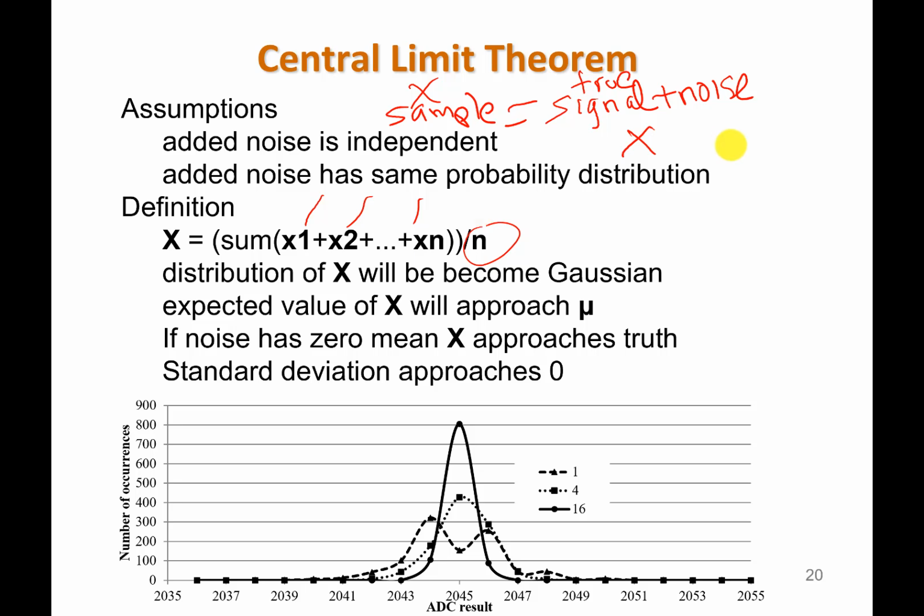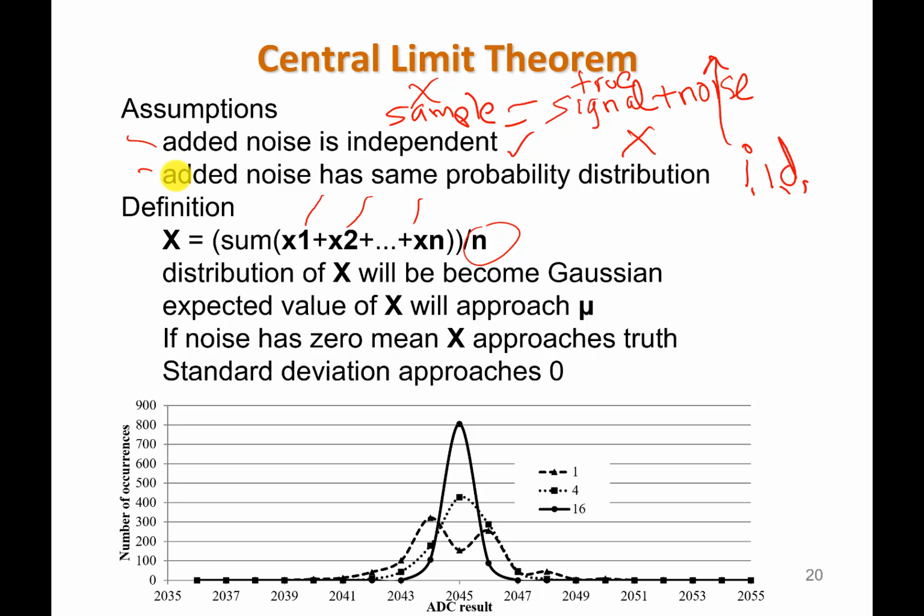If we assume that the noise of one sample is independent from the noise of another sample, that's independent noise, and that whatever probability distribution the noise has is the same for all the noises, the shorthand is independent, identically distributed. That's a shorthand for these two statements.